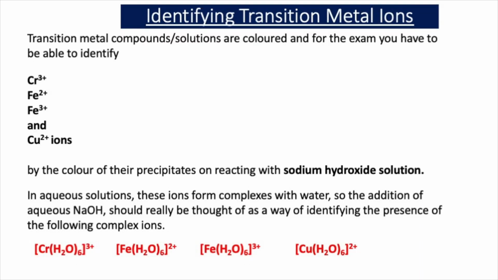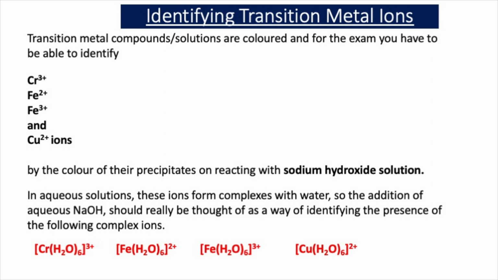Now, as we've mentioned, transition metal compounds and solutions are coloured, and for the exam you have to be able to identify the presence of Cr3+ ions, Fe2+ ions, Fe3+ ions and Cu2+ ions by the colour of the precipitates on reacting with sodium hydroxide solution.